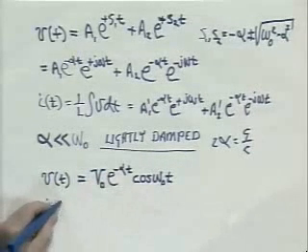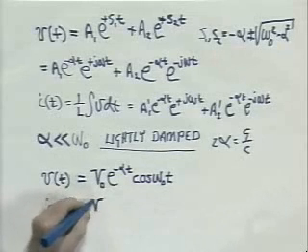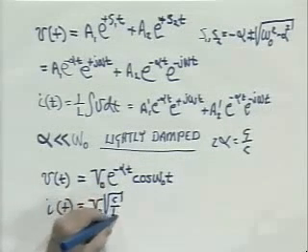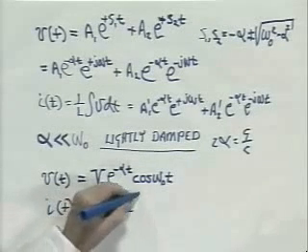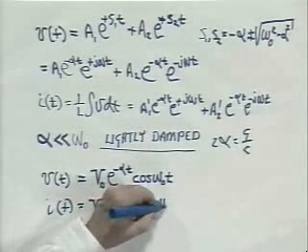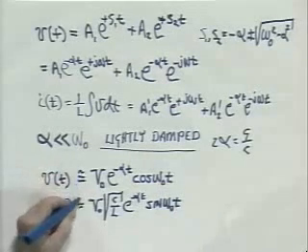And I of t is equal to V0 square root of C over L e to the minus alpha t sine omega naught t. And as I say, these are approximations.